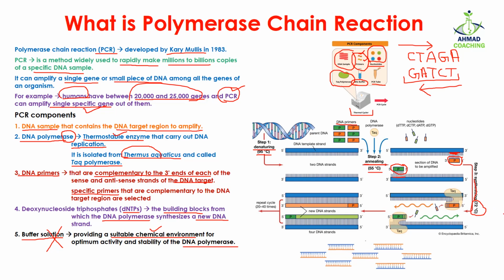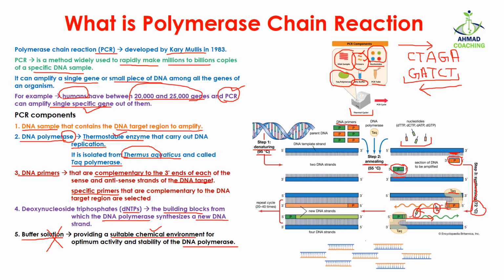So here we can see the Taq polymerase is going to bind here with the primer and the single strand of the DNA, and it will start the synthesis of the DNA strand by adding the nucleotides. Here we can see that these are our nucleotides, and they have been added along with the primers. So they are going to be added in this direction, and in this case, the nucleotides are going to be added in this direction. So these are the nucleotides.